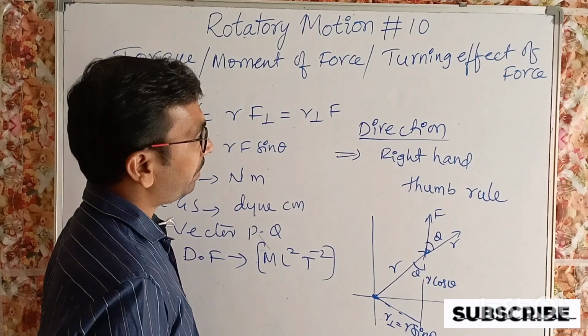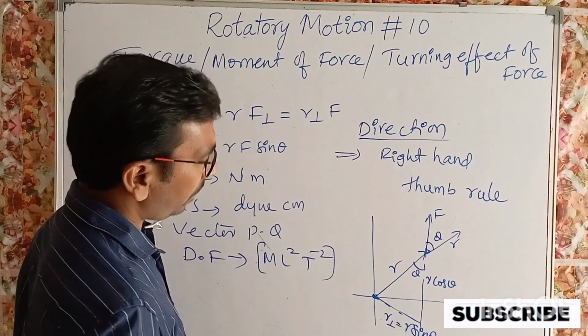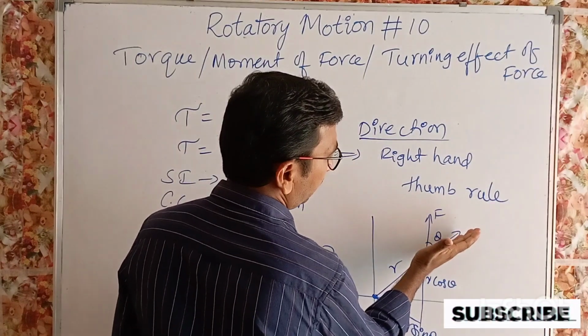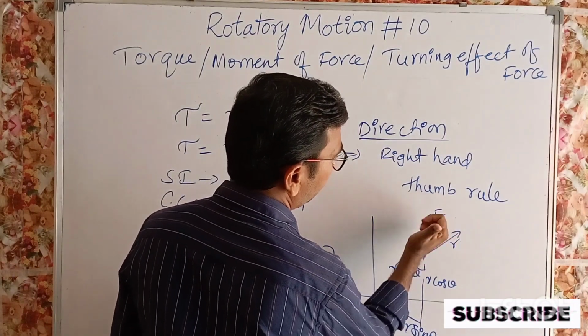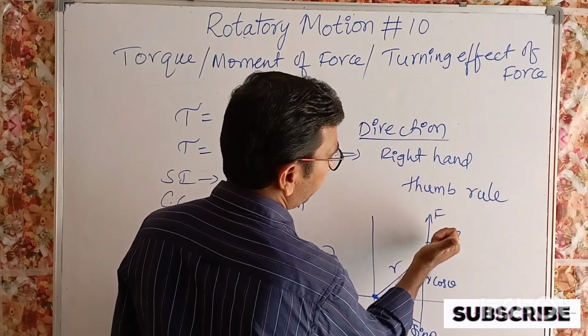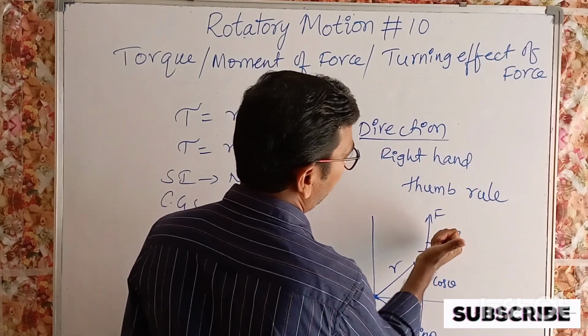In this case, by using the right hand thumb rule, along r you place the right hand fingers like that and curl towards F. So here torque is out of the plane.